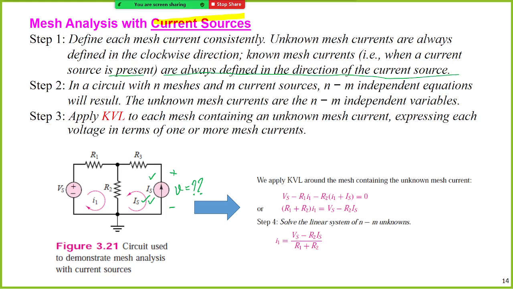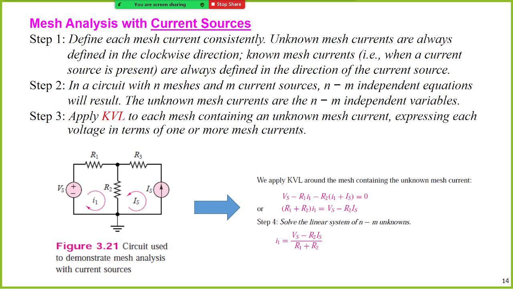You can see that for the common mesh we use clockwise direction, but with a current source we need to define the current of that mesh in the same direction as the current source here. This is the common practice, right? So after that, you just apply KVL to each mesh and then solve for the unknown variable.